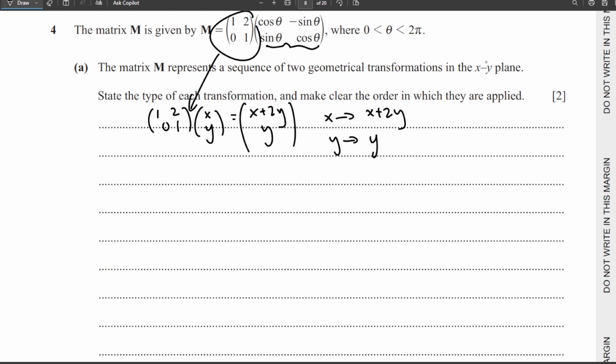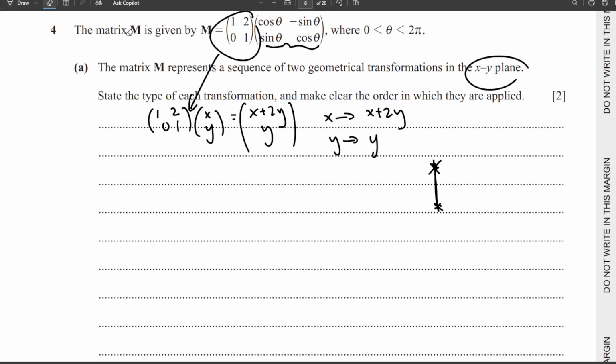So if it's 2D, and I transform a point, or maybe I transform 2 points, so maybe it's a line. The y coordinate stays the same for both of the points, but the x coordinate will move.